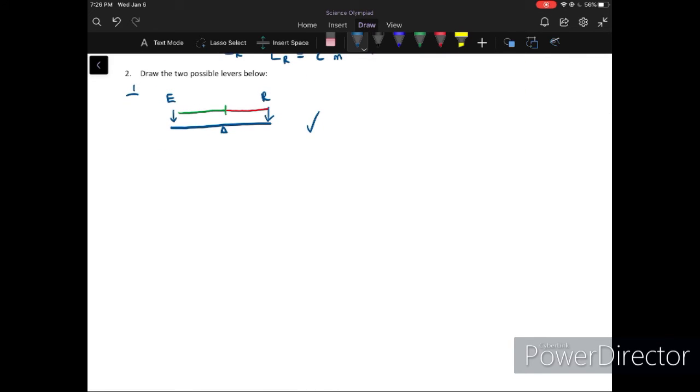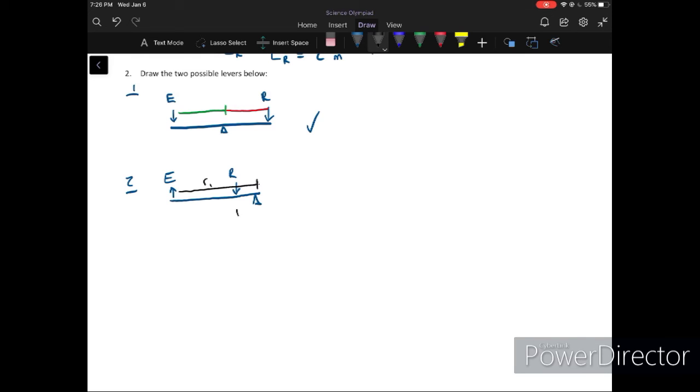Let's look at our type 2 lever. For our type 2 lever, we know it looks something like this, where we have some resistance close to the fulcrum and an effort that is necessarily defined as farther from the fulcrum. We'll call this R1.